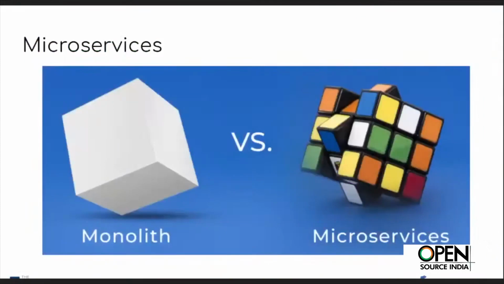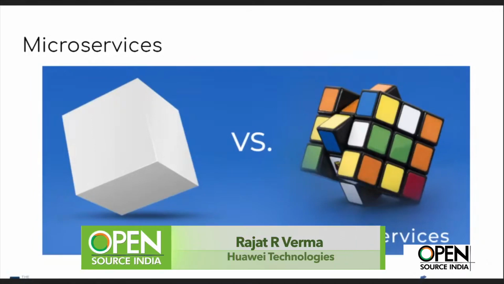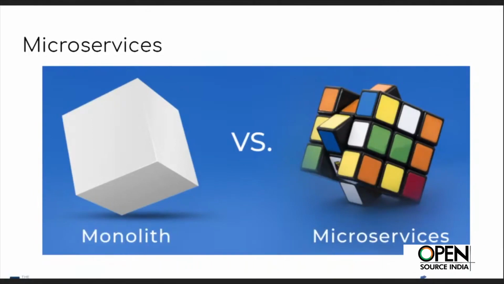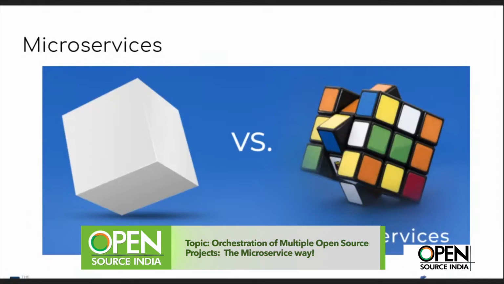Since we are talking about microservices, let's go over what microservices are and how they help us solve the challenges which monolithic architecture brought about in the previous few years. Earlier, monolithic was the only way of building products, but it has its own set of challenges.